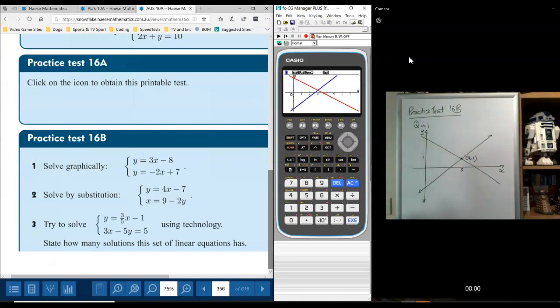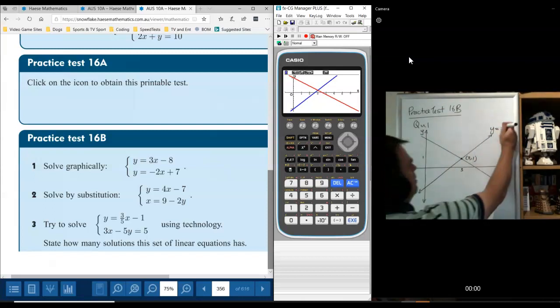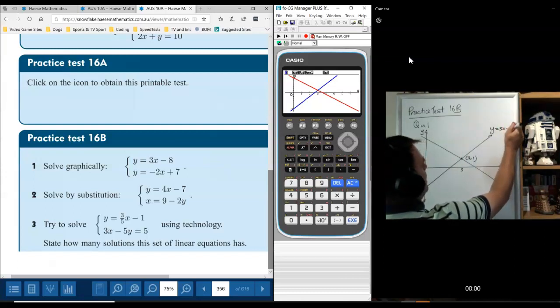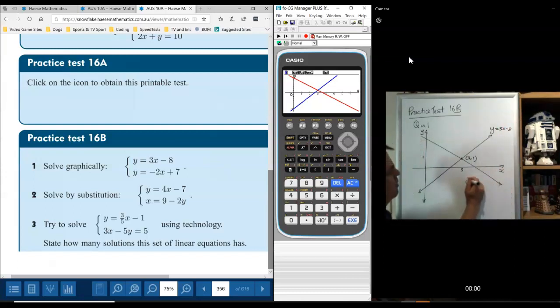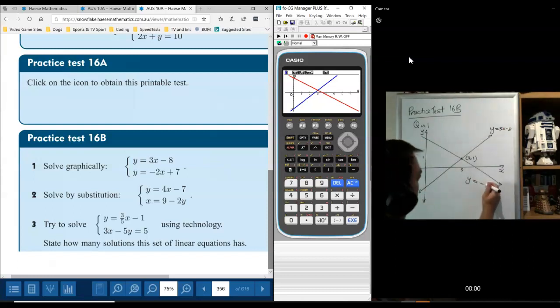We need to label our lines, so this is y equals, what was it? It was 3x minus 8. Yeah, 3x minus 8. And this one down here is y equals minus 2x plus 7.